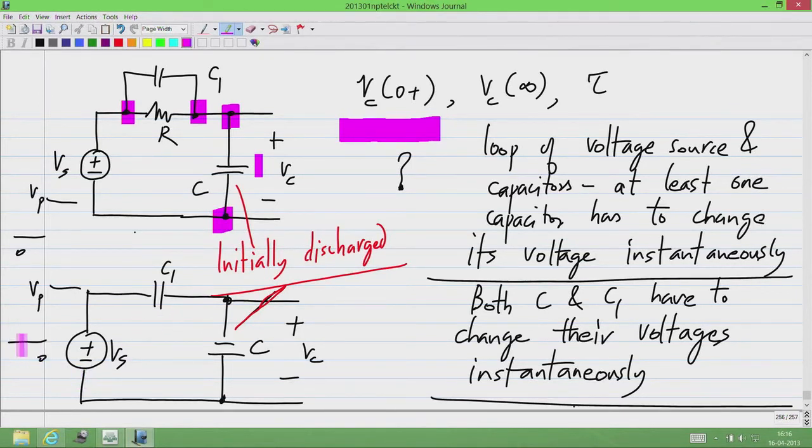Because before t equal to 0, Vs is 0, the voltage across C is 0, and voltage across C1 is 0. So what I would like you to find out is the voltage Vc, that is the voltage across capacitor C, when a unit step Vp is applied.